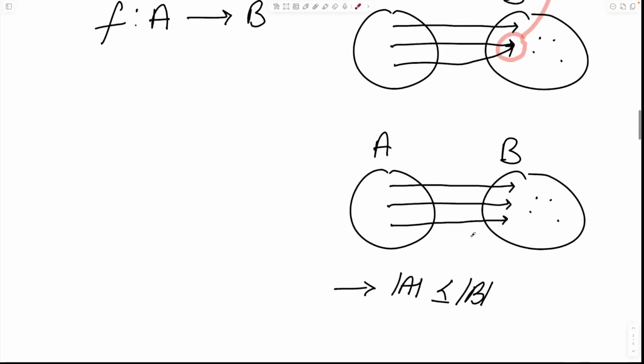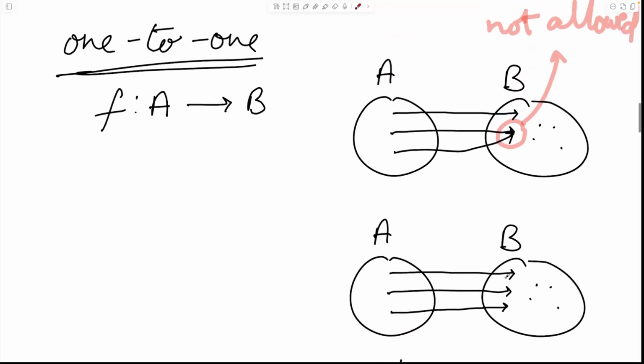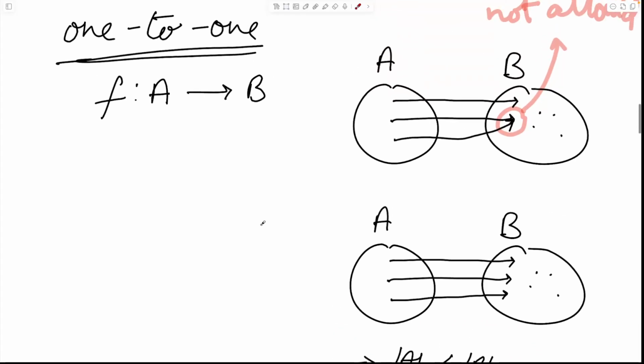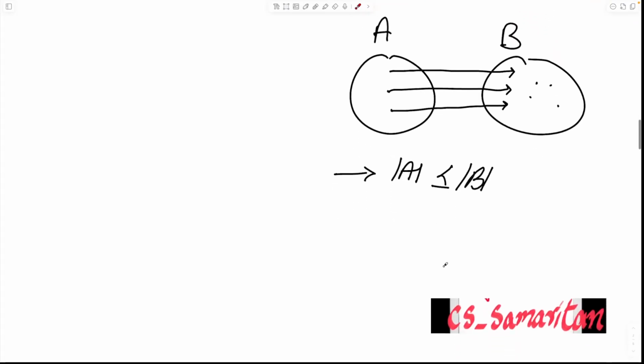Nothing is said here about the rest of the elements in B that could be present. So for every element in A there is a unique corresponding element in B and then some leftover elements. So the size of B must be greater than or equal to the size of A, and that is what I've written over here. That's a valid deduction: for one-to-one functions from A to B, the size of A would be less than or equal to the size of B. Only if this is the case can there exist a one-to-one function from A to B.